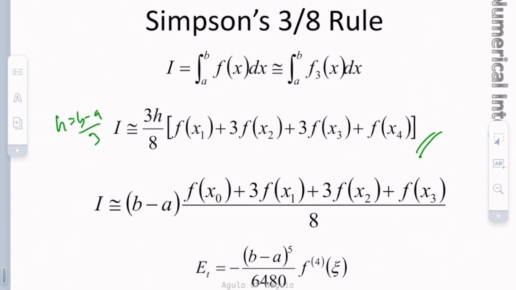This equation is known as Simpson's 3/8 rule. It is the third Newton-Cotes closed integration formula that we will learn. It can also be expressed as shown, along with the error term proportional to the fifth power of h.